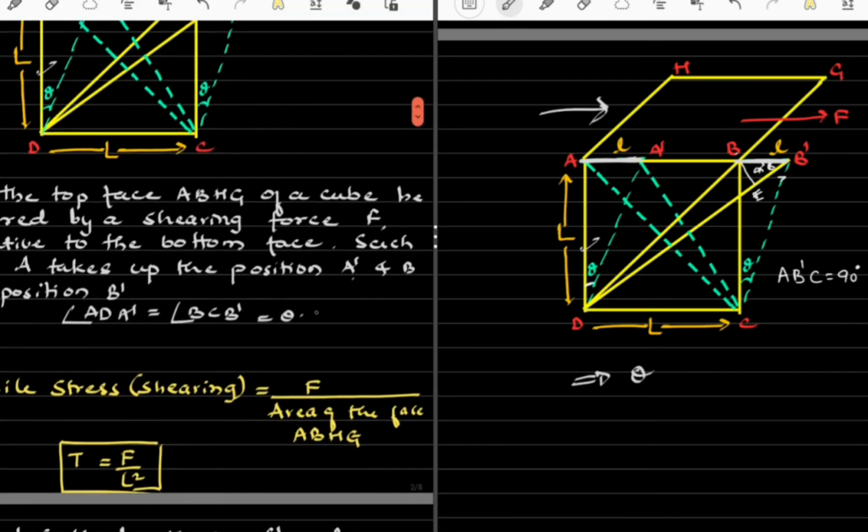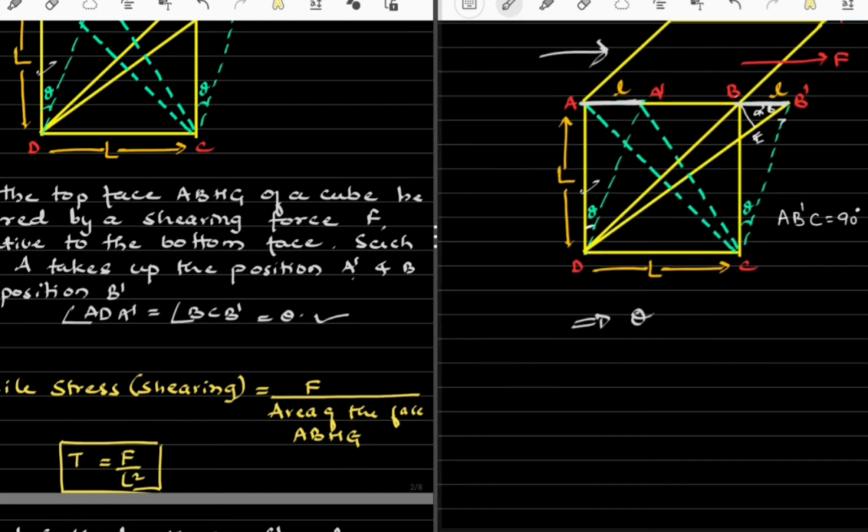Now we'll write the tensile stress. So how does the tensile stress arise here? Whatever the tangential force is applied, that is nothing but the tensile stress here. So how it is, we'll see later. Now the tensile stress is equal to the force applied over the area of ABHG.